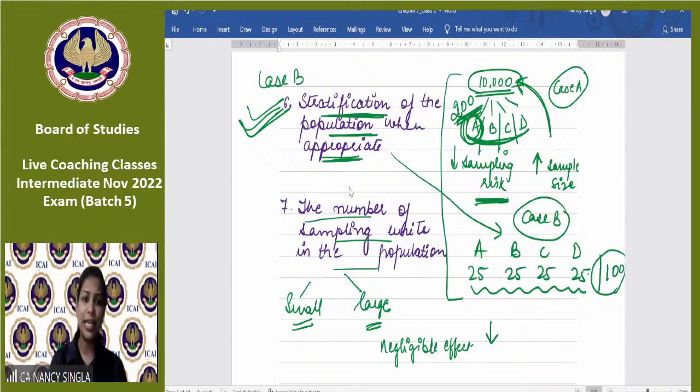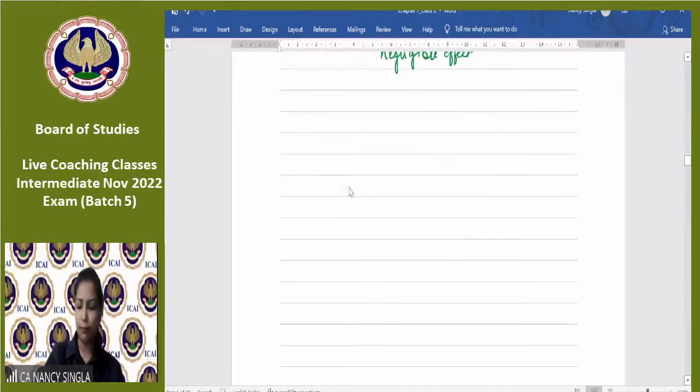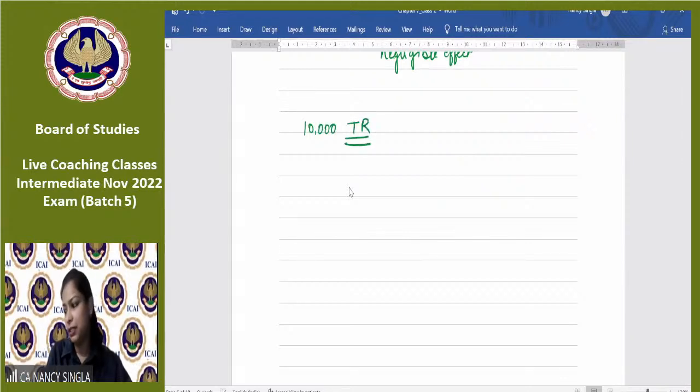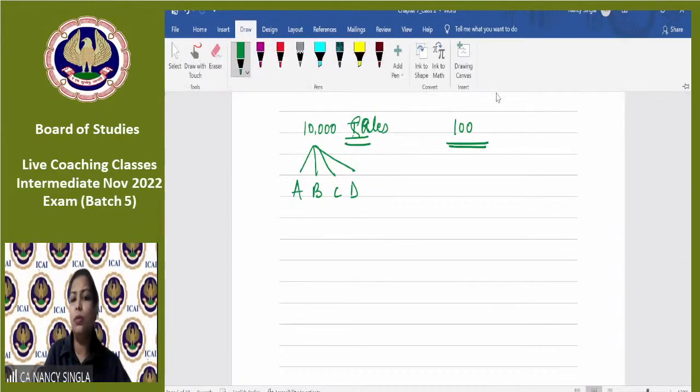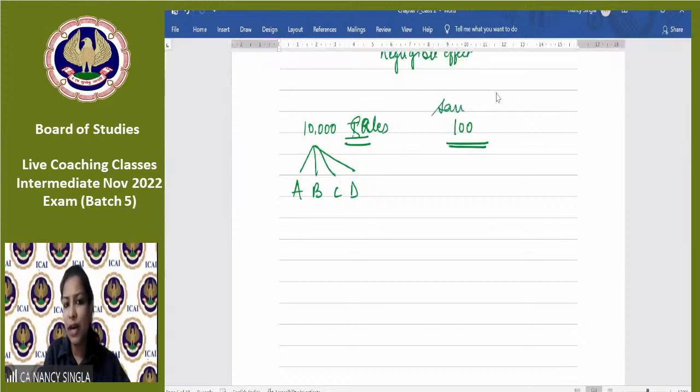Dhanya Lakshmi is saying, explain the stratification concept. See, try to understand. If there are 10,000 vouchers of trade receivables, and there are 4 products, let's say this is sales of 4 products, A, B, C, D. The auditor has to draw a sample of 100.